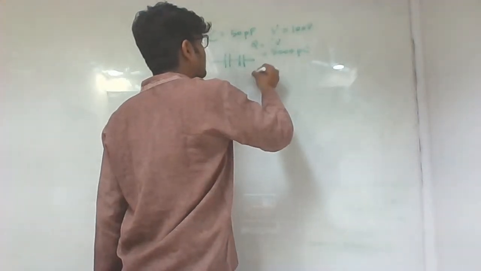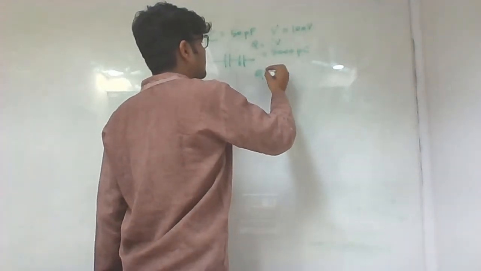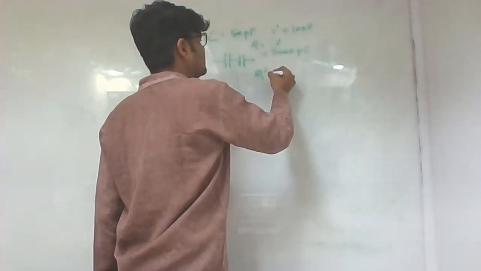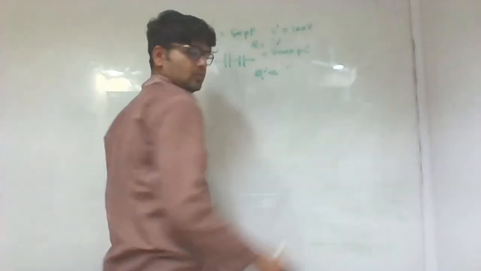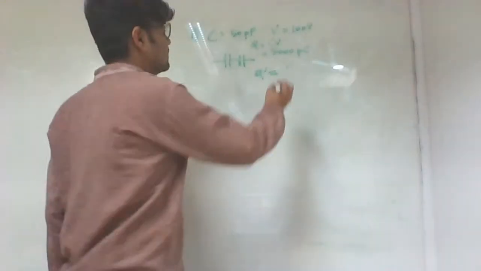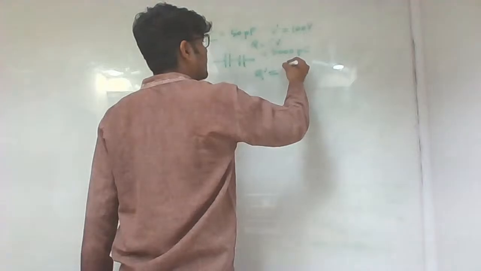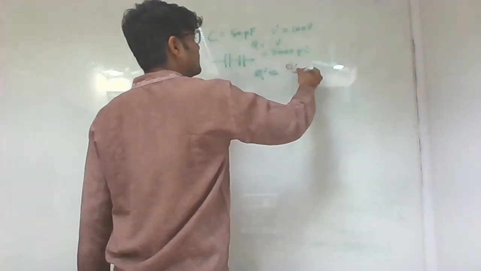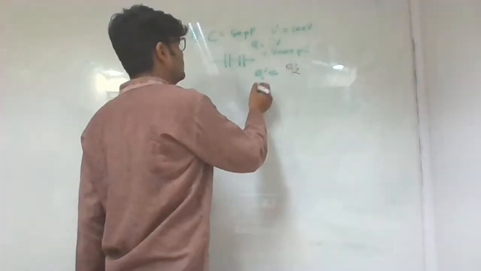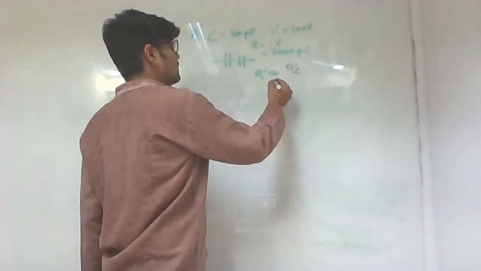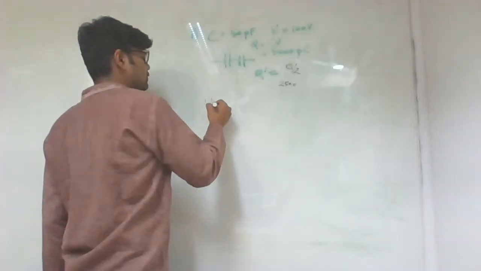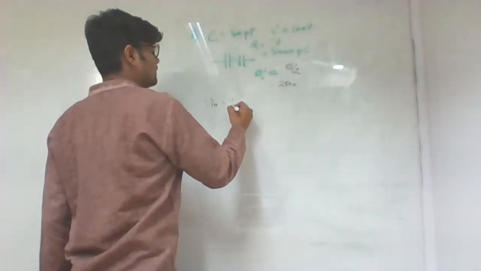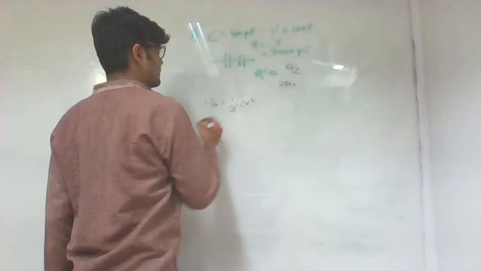So Q prime on both the capacitors is Q by 2, which is 2500. Initial energy U initial is half CV square, half of 50 times 10 power 4, which is 2500 picojoules.